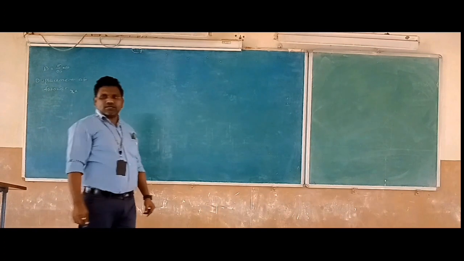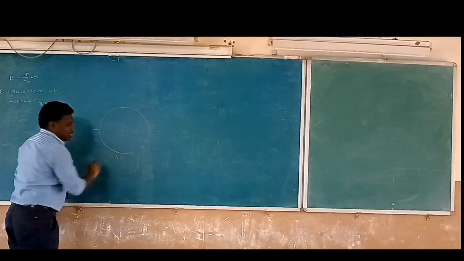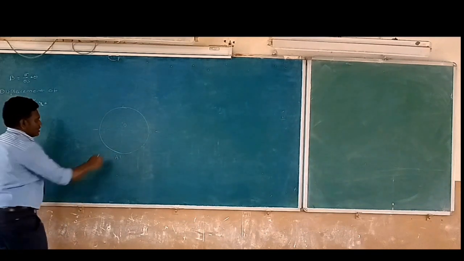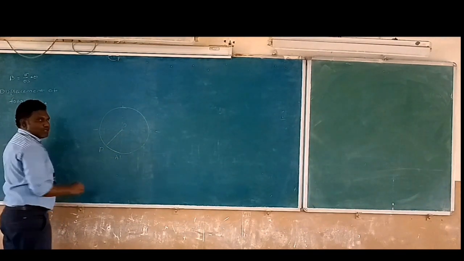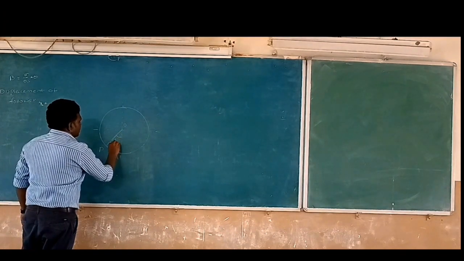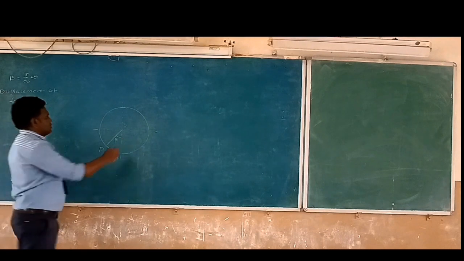from the diagram. Can anyone tell what is the x value? Capital A and capital P is the point and beta is the angle turned by the point.